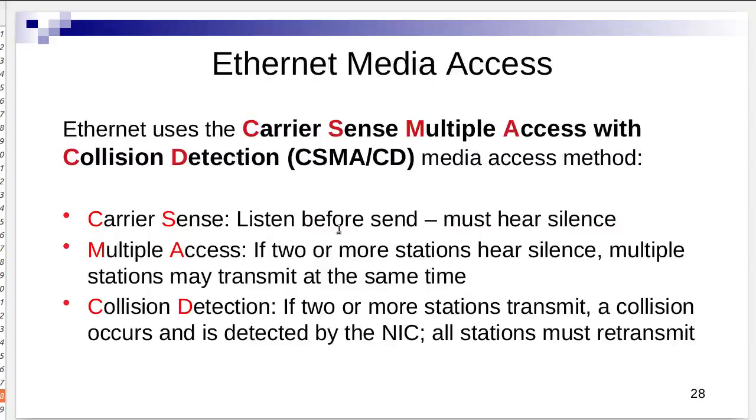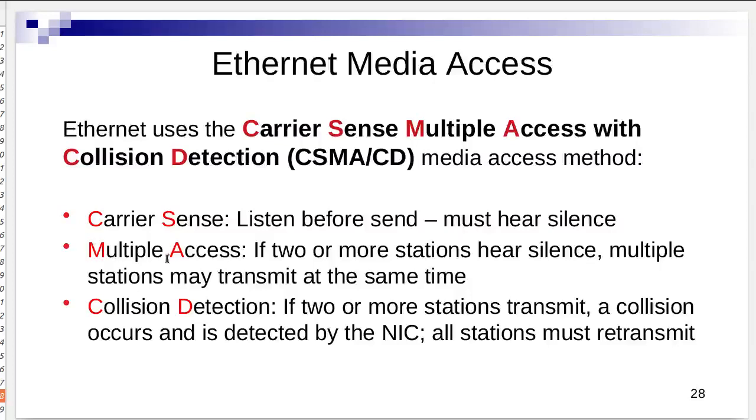It says listen before sending. You have to hear silence. So if you have multiple Ethernet devices on a single connection, remember that's just 4 pairs, and there's all kinds of devices connected and transmitting on those wires, they have to make sure that there's nothing before they send.